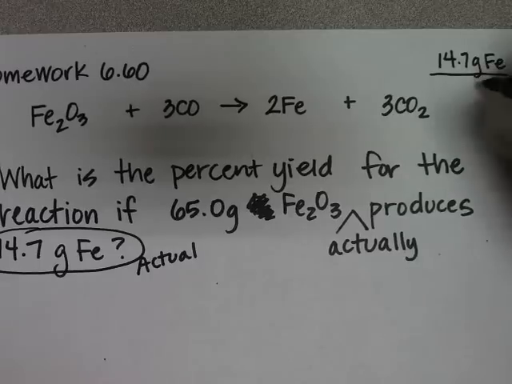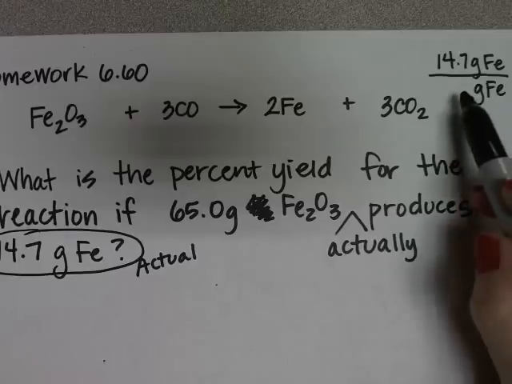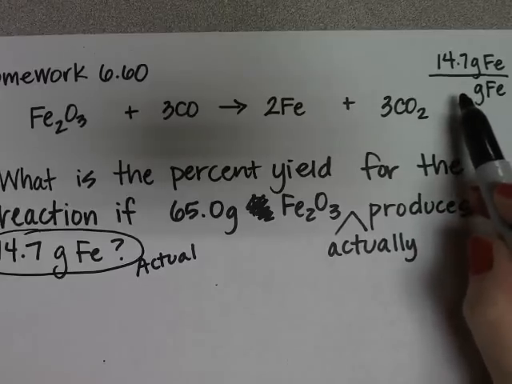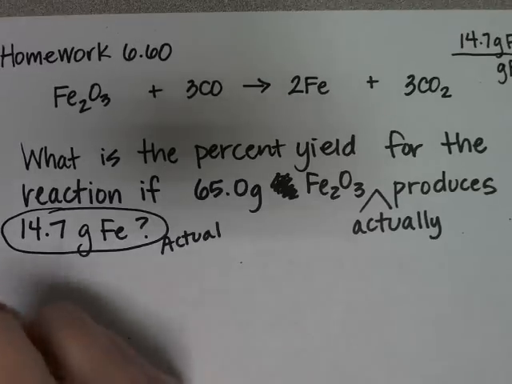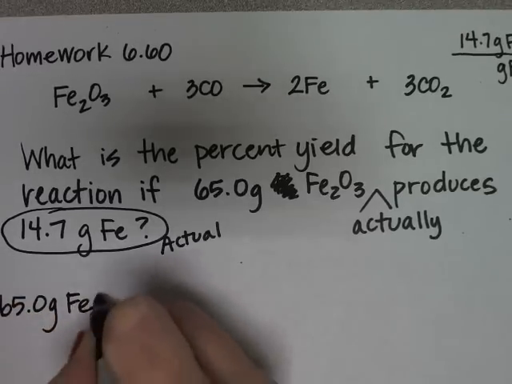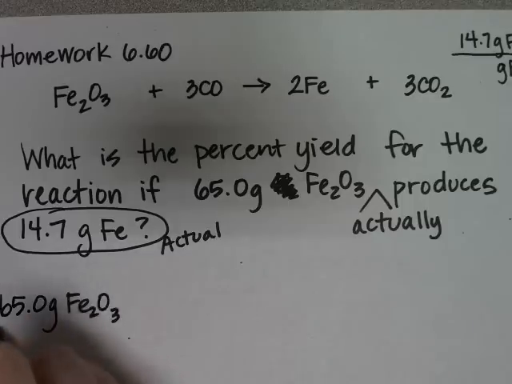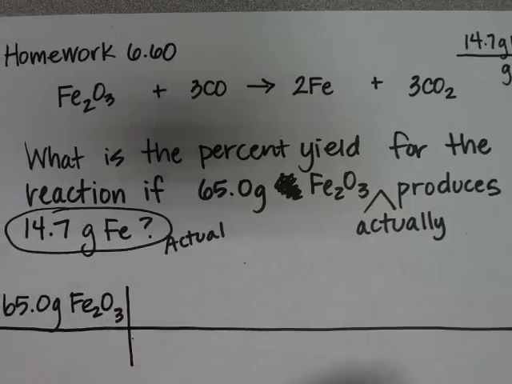So that means I need to know how much iron could have been produced. I need to do a stoichiometry calculation and figure out the amount of iron. But I'm going to start with the given information in the problem, which is 65 grams of iron oxide react, and I need to figure out how much iron, in theory, could we have made.